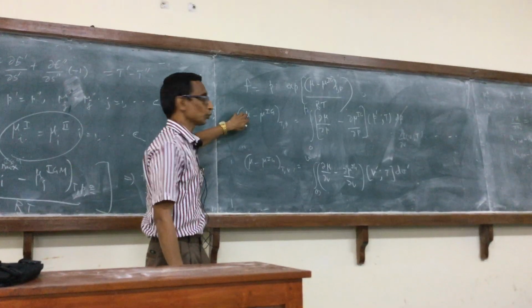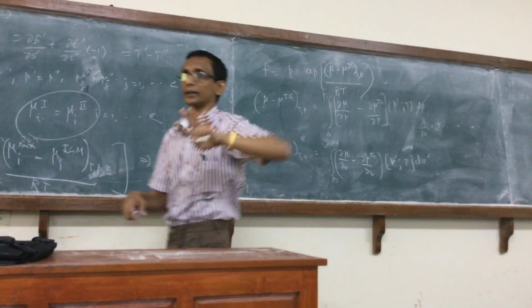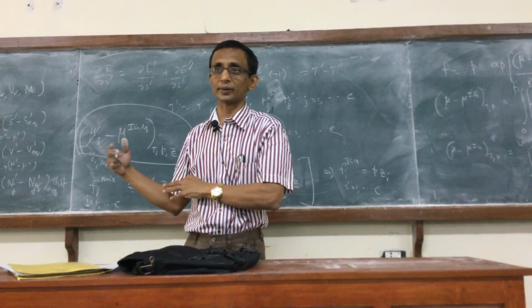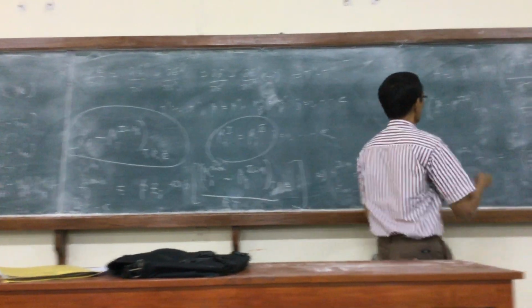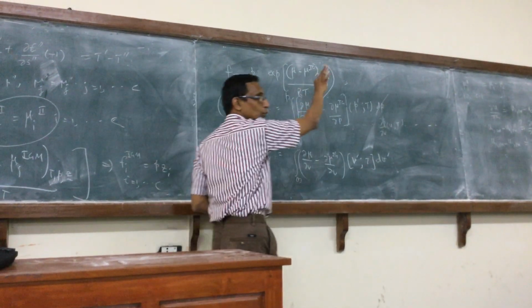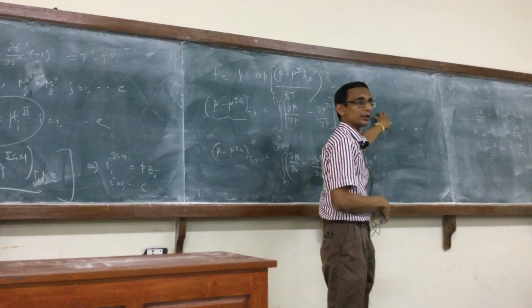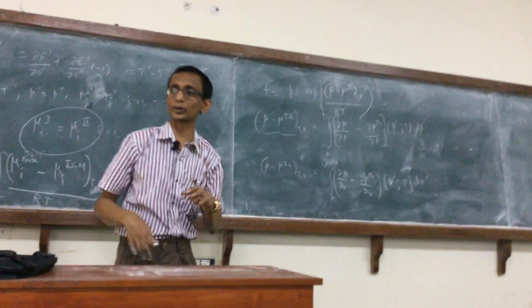This is what I want in order to implement the criterion for equilibrium, because the temperature and pressure of the two components are the same, so I can equate them directly. So now, if I want this, one way is to do it this way. Express it in terms of an integral over P, convert it to an integral over P, and do the integration by parts and so on, and finally get to the answer.